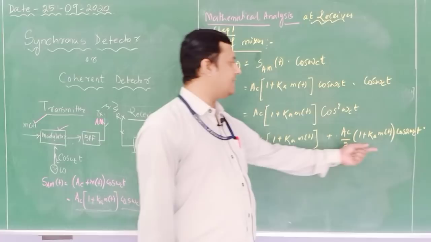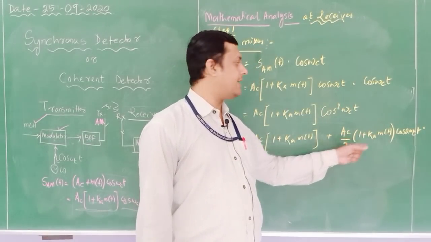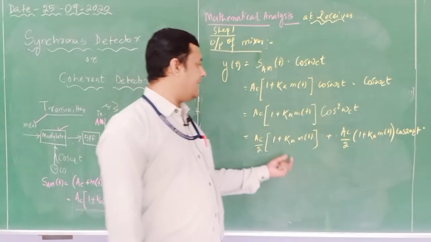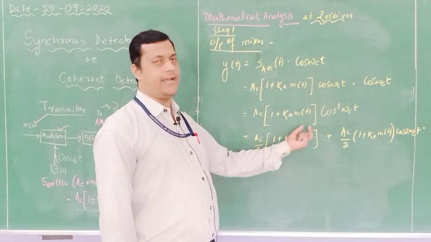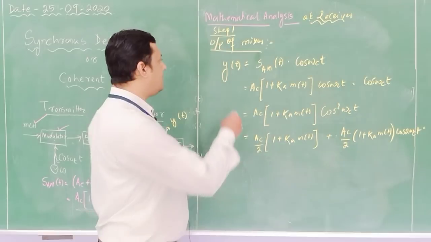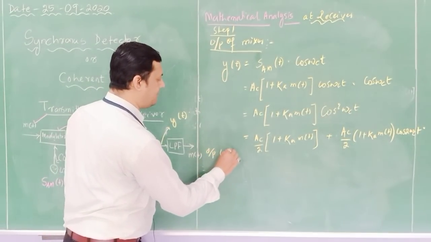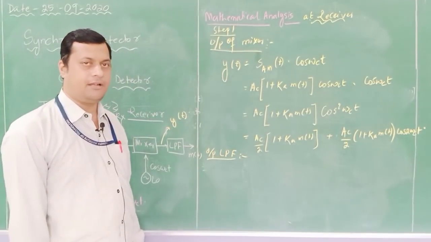If you expand this, cos 2 omega c t into Ac/2 is one component, another one is the sideband with respect to 2 omega c. And here it is Ac/2 and Ac/2 into K into m(t). So when this y of t passes through the LPF, output of LPF. Now what is the working principle of the LPF?